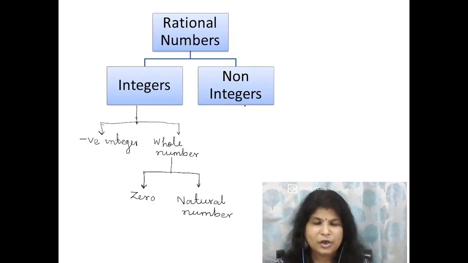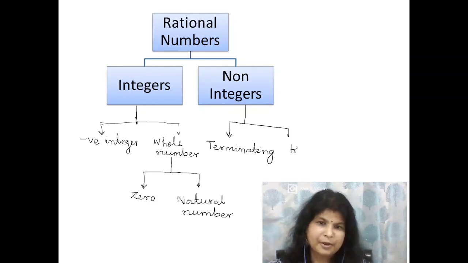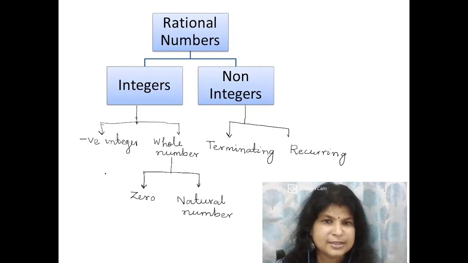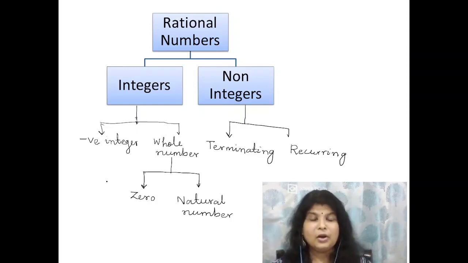Now how are the non-integers classified? Basically, non-integers are fractions, which can be converted into decimals, so you have terminating and you have recurring, that is, non-terminating decimals.